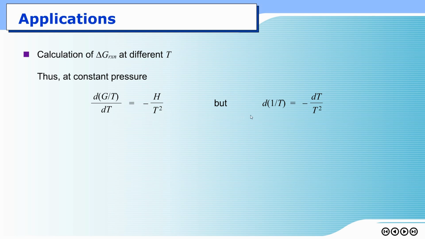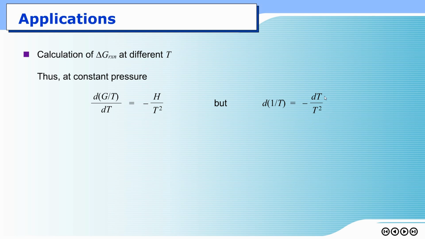if we want to change dT here to something that is more convenient for derivation, let's start with calculus. Let's say we have differentiation of 1 over T. According to calculus, that is minus 1 over T squared dT.